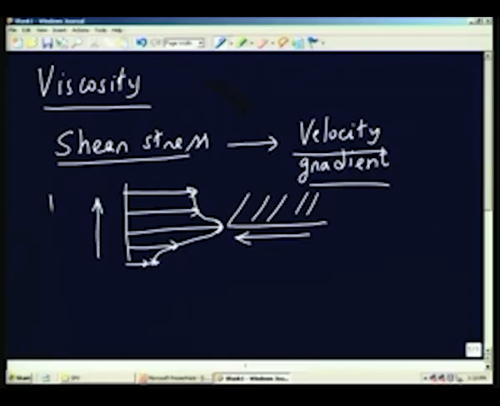In this case, let us say velocity is u and y is the direction in this particular direction. du by dy is the velocity gradient, and we can say that the shear stress tau is equal to some proportionality constant, which we call the dynamic viscosity, multiplied by du by dy.